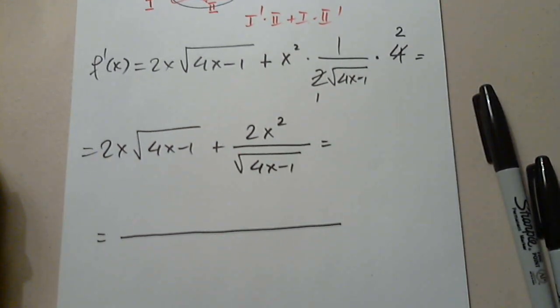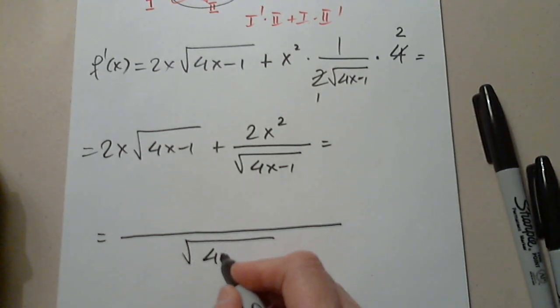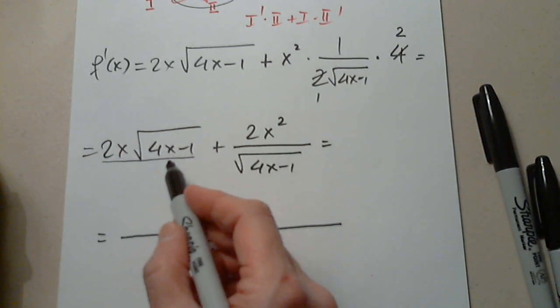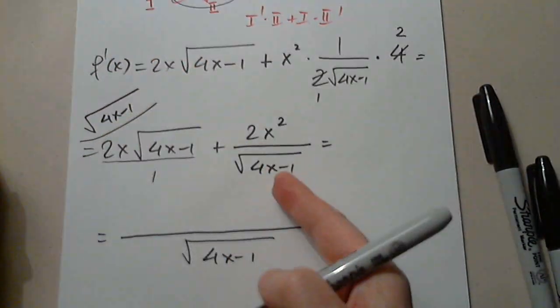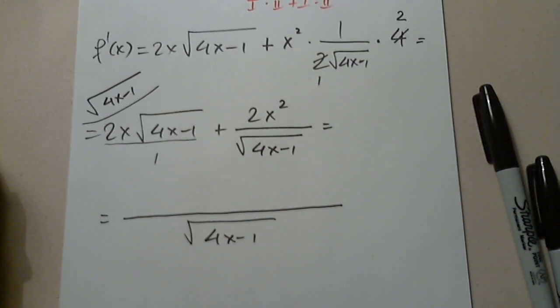But there is only one denominator. So what is it? So what is the least common denominator then? If there is only one. Would it be just the square root of 4x minus 1? Of course. But since all this is over 1, I have to multiply by the least common denominator.